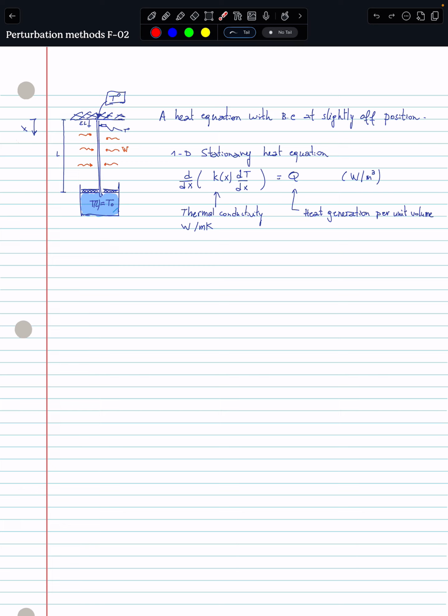There's a slight difference here, which is that the thermal conductivity is not constant in space. So we're going to assume for some reason that the thermal conductivity here is not constant. All right, why not constant?